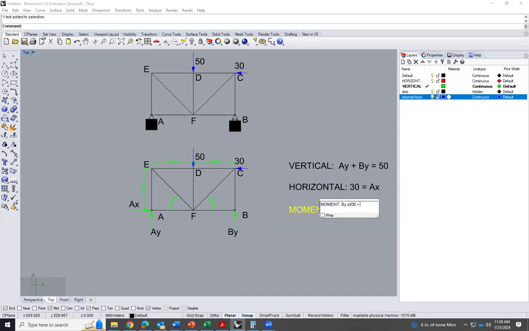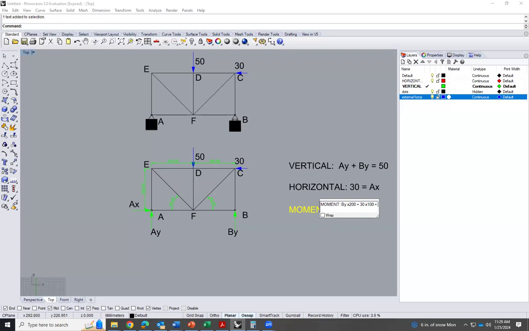So I add this plus 30. And what's the distance? It's the perpendicular distance to this point. So the distance of this line to point A is 100 times 100. And this is everything that rotates that structure counterclockwise about this point.